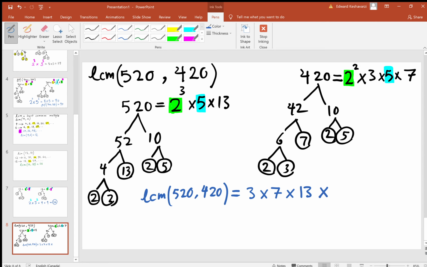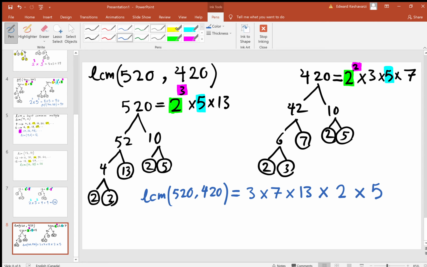Now time to deal with those numbers that are in both factorizations, like 2. So you write 2 here, and also you write 5 here. But let's compare the exponents. The exponent of 2 here is 3, and here is 2. Unlike the GCF, you choose the largest exponent.